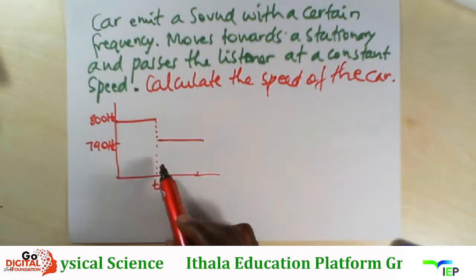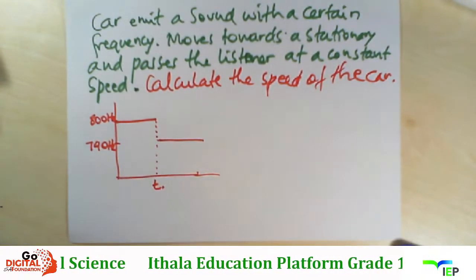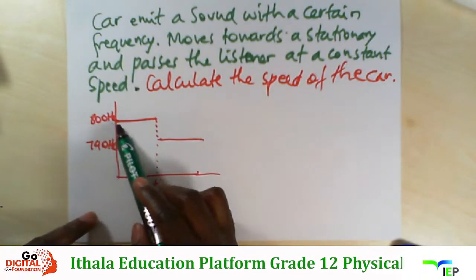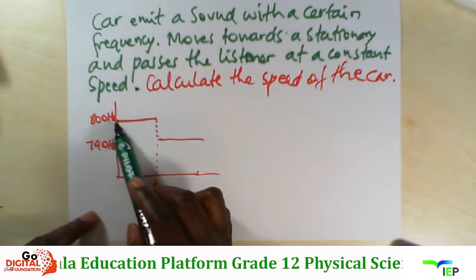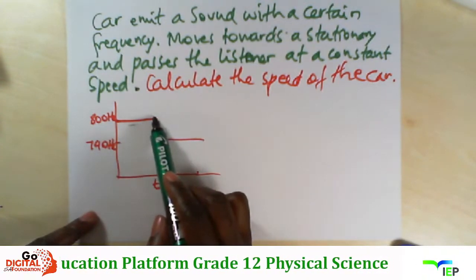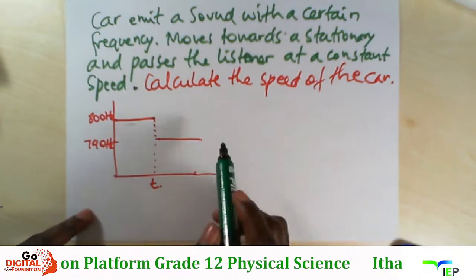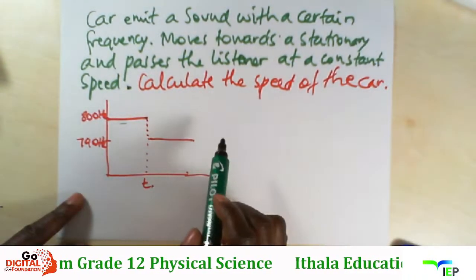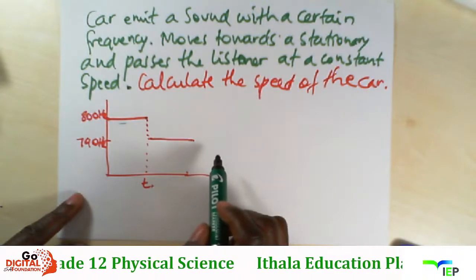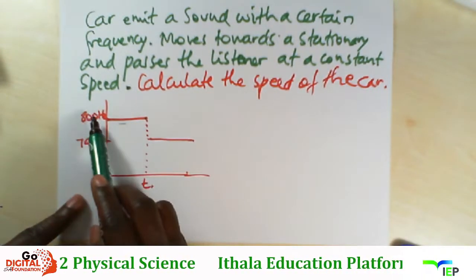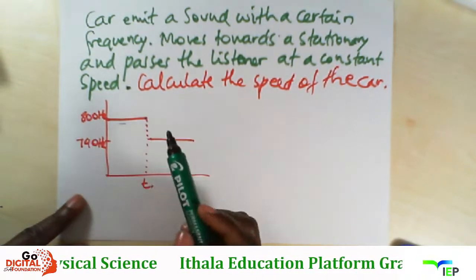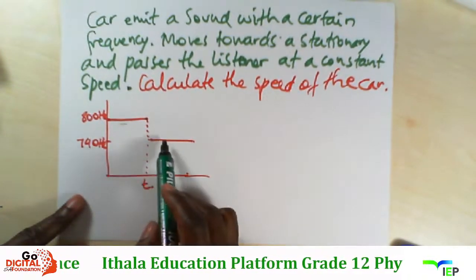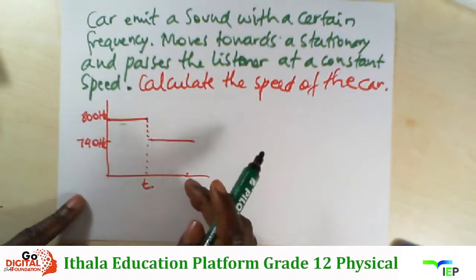This time t here, it's when we see by the time the car is coming toward a listener, you get a frequency of 800. Because it says the car comes toward, passes the listener and moves away at the same constant speed. So it means the 800 is the frequency of the listener when it is moving toward. 740 is the frequency of the listener when it is moving away.